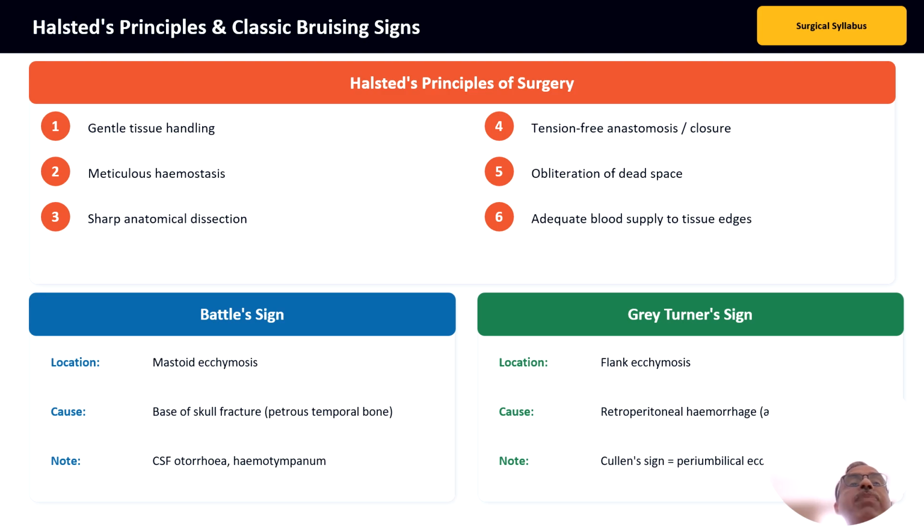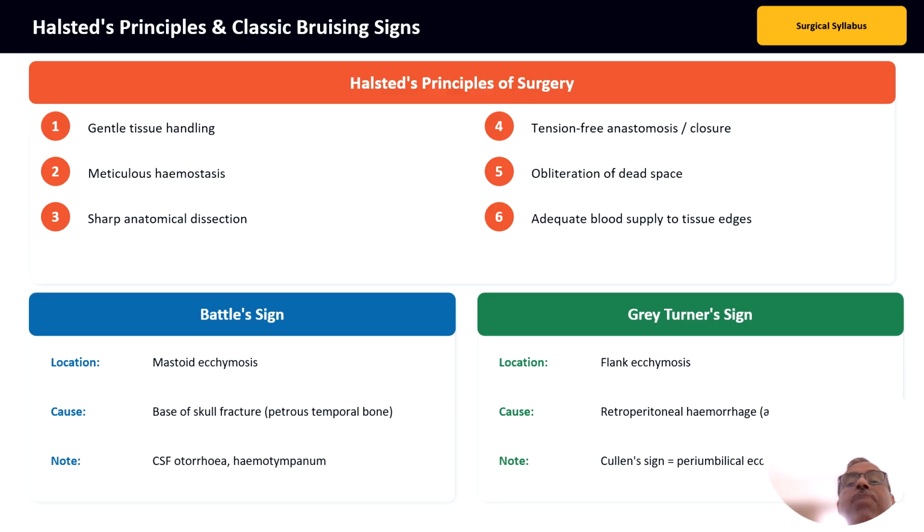Then we have Halstead's principles and classic bruising signs. What are Halstead's principles of surgery? Number one, gentle tissue handling. Needless to say, this is one of the most important principles of surgery. If you respect tissue, the tissues would respect you. The second one is meticulous hemostasis.